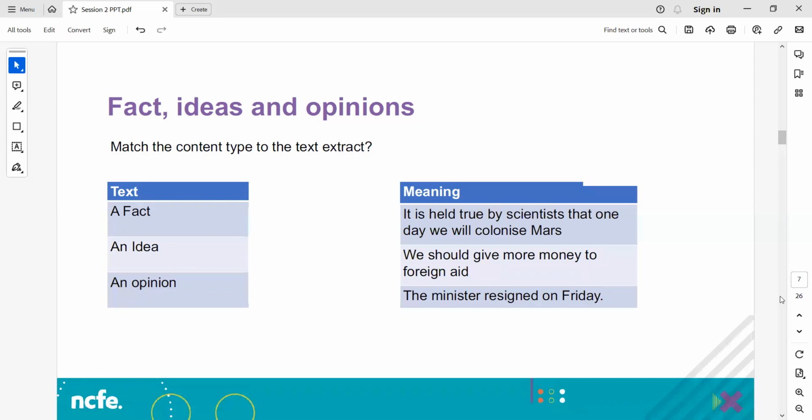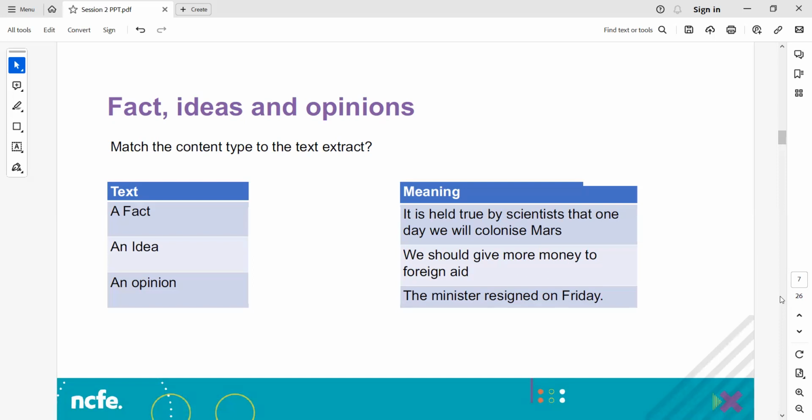Can we say what will definitely happen in the future? It's an opinion because it might be happening or it might not be happening. So good. It could be an opinion. It could also be an idea. So it cannot be a fact.